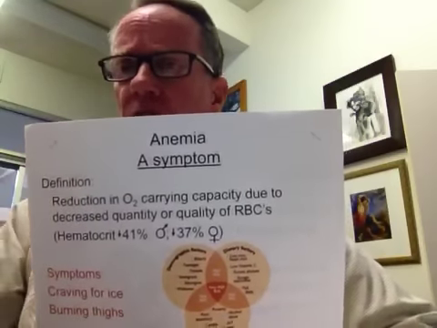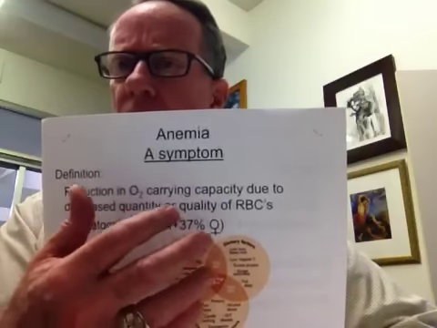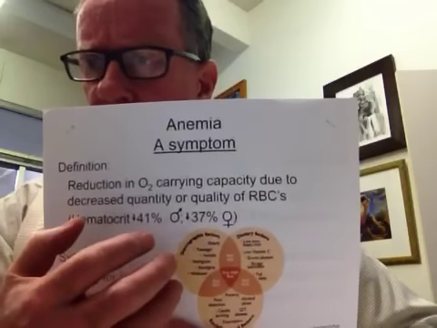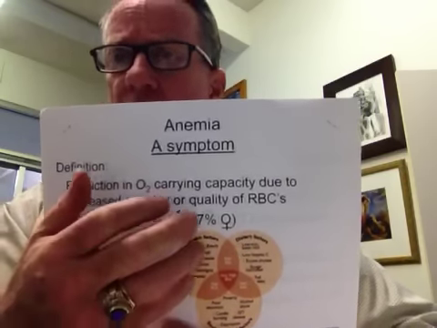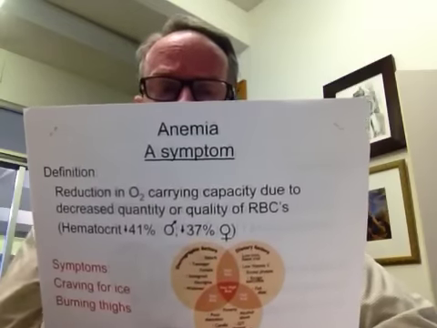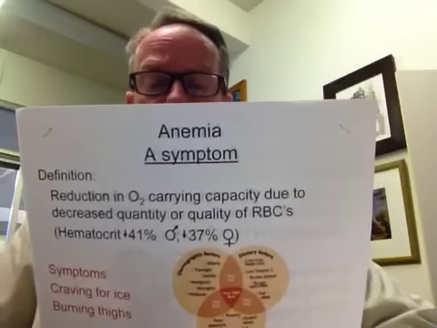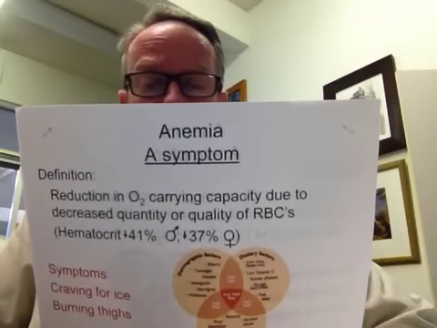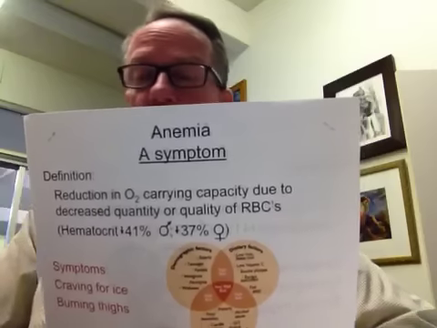And then we go to what you've been thinking about. We might have mentioned it in class in passing already, and that is where there's a reduced oxygen carrying capacity in the blood because there's not enough red blood cells, and that's anemia. The definition: the red blood cells are not carrying enough oxygen due to decreased quantity or quality of red blood cells.